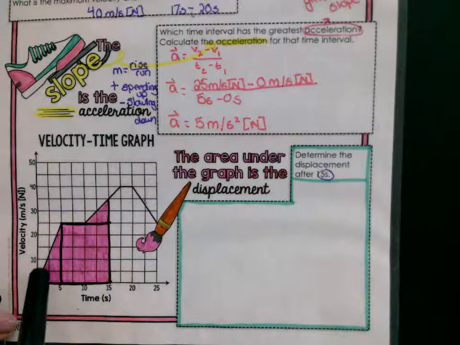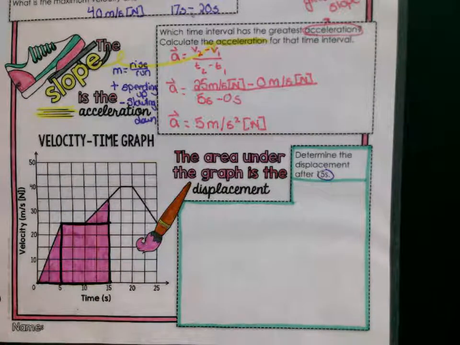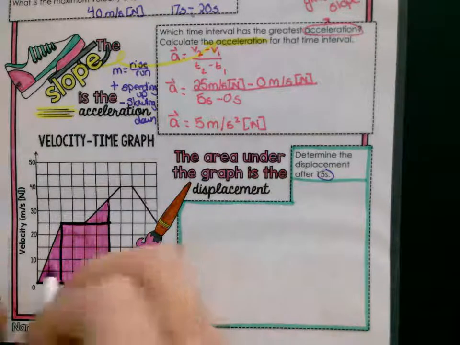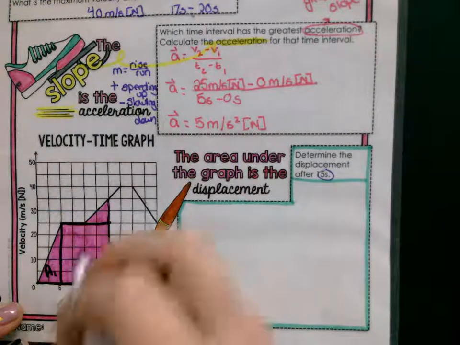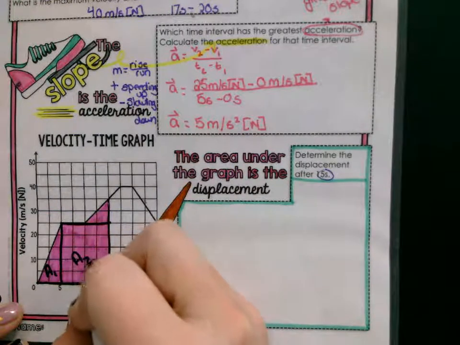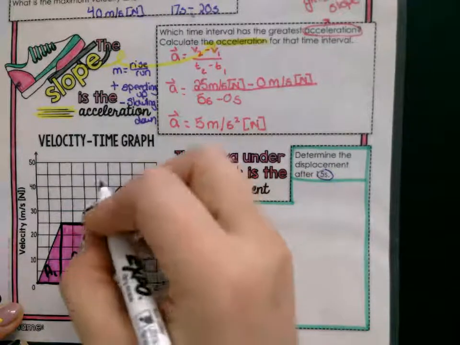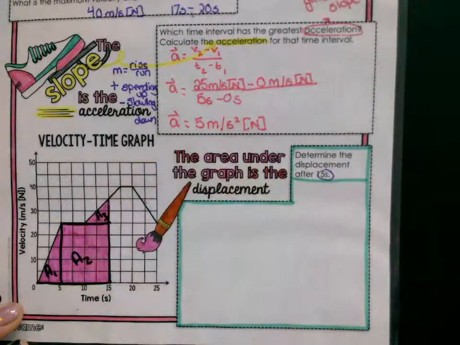So I've divided it into 2 triangles and a square. I feel like I'm playing with tangrams when you were little and you had to use all the little shapes to make the big shape. That's kind of what we're doing. And I'm going to label my 3 different shapes. So I have area of 1, I have an area of 2 that I need to find, and I have the area of this little triangle up top, 3.